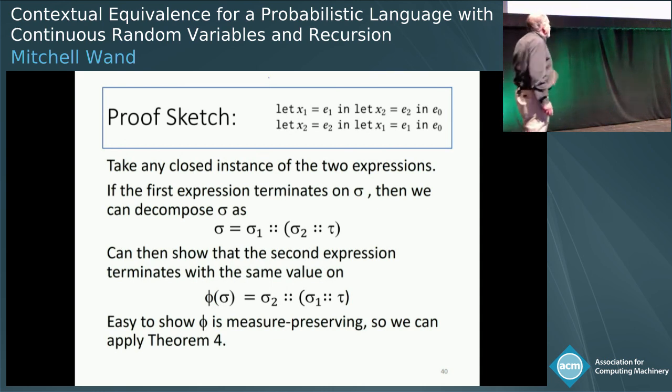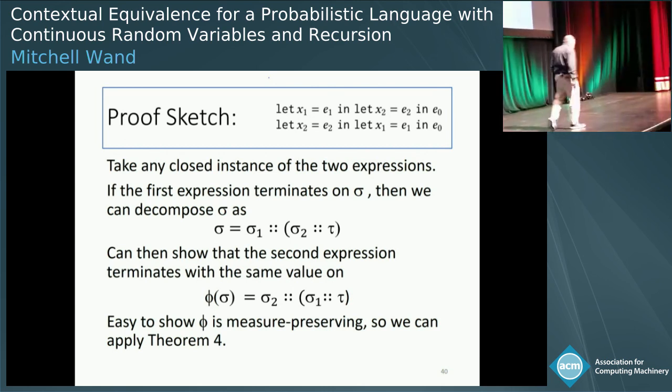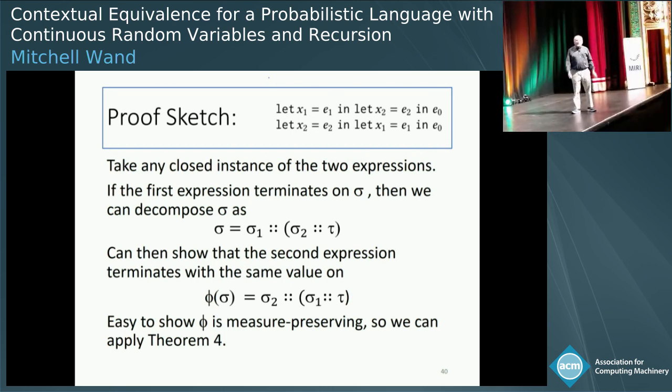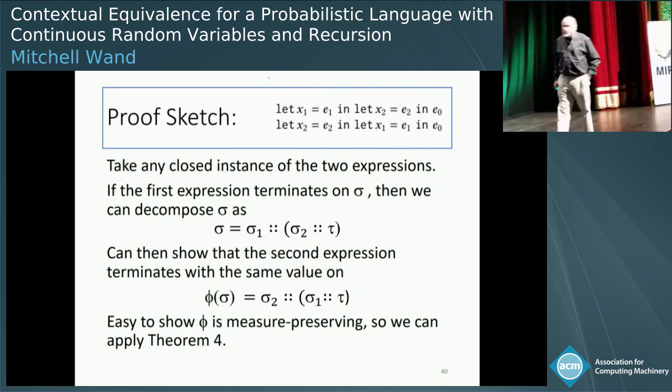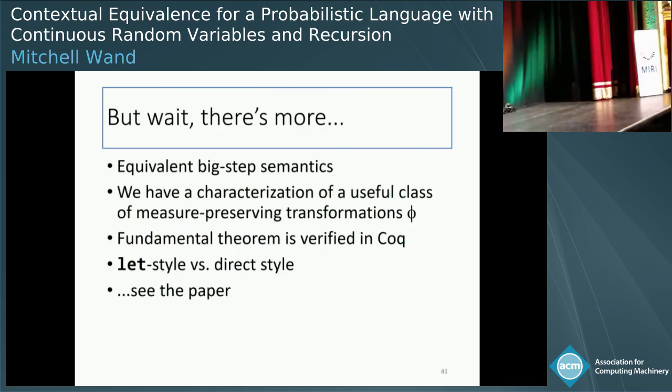And then the second one is going to give you the same answer in the entropy that we used for sigma 2, we used for E2, and then followed by the entropy we used for E1. Comes out the same. That phi is measure preserving, which is easy to show, and so we get the result we want.